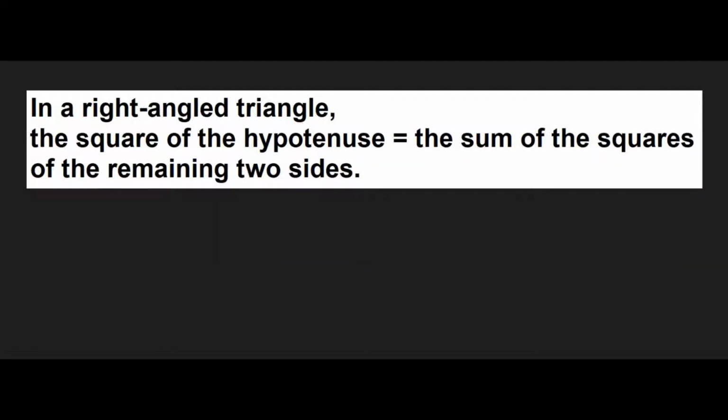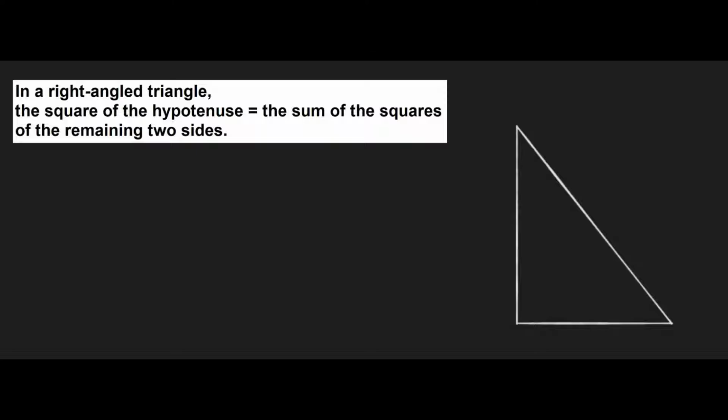The theorem simply states that in a right-angled triangle, the square of the hypotenuse is equal to the sum of the squares of the remaining two sides. So, if we are given a right-angled triangle A, B, C, then the Pythagoras theorem states that the hypotenuse, which is AC, square is equal to the sum of the squares of the other two sides.